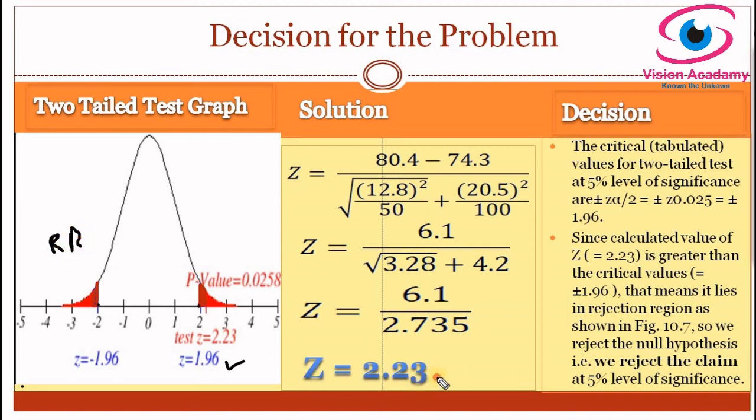Now I will plot our tested value into this graph. Our tested value is 2.23, which means this tested value will fall somewhere within the rejection region here. Since our tested value is positive, we will plot this on the right side of the graph. So it is clearly showing that our tested value is falling within the rejection region. Since our tested value is greater than the critical value, we have to reject the null hypothesis.